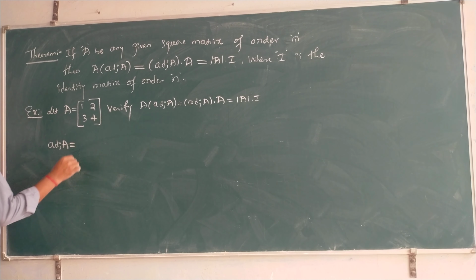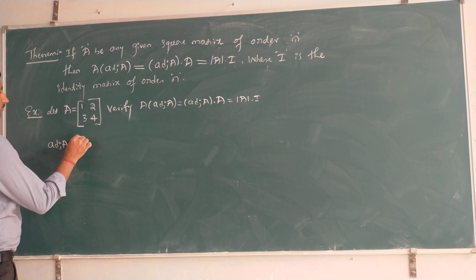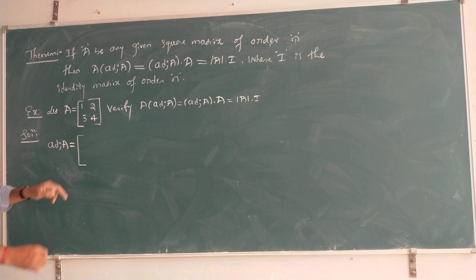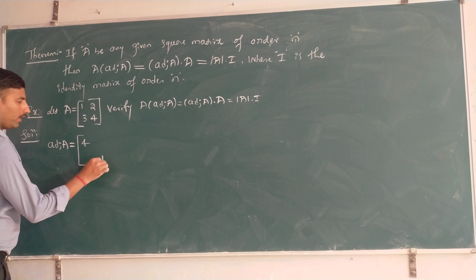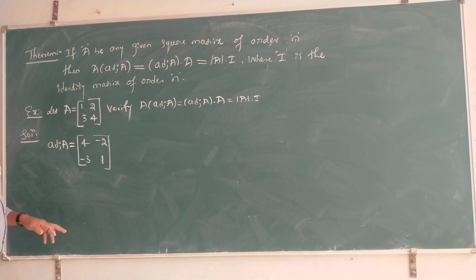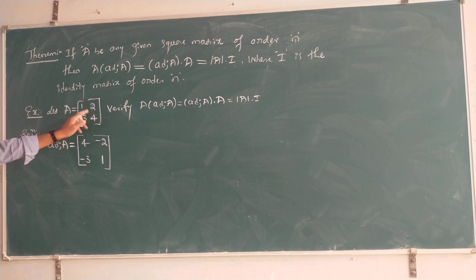Adjoint of capital A is nothing but what? Solution. Adjoint of capital A is nothing but 4, 1, minus 2, minus 3. Correct? Why? Because we have to use the remark: replace 4 and 1, and change the sign of 2 and 3, minus 2, minus 3.